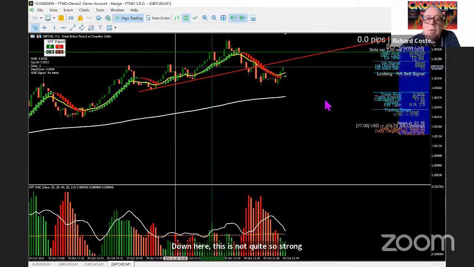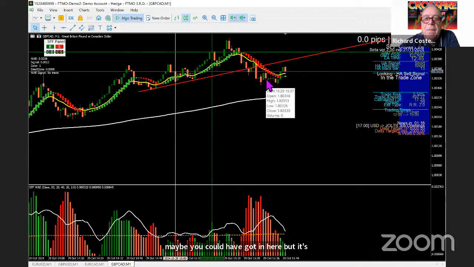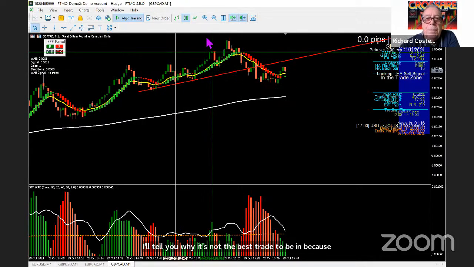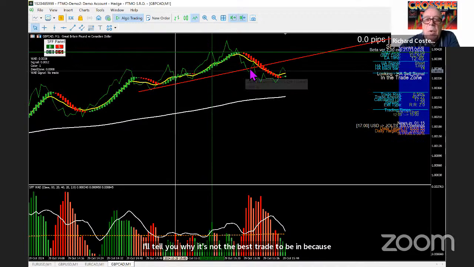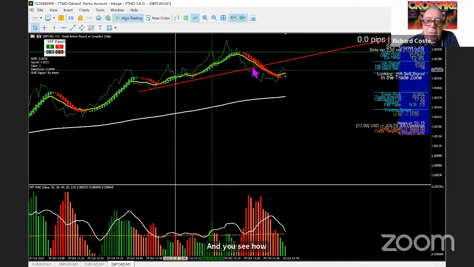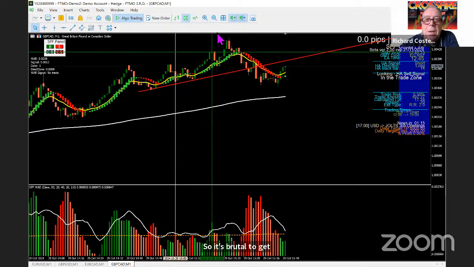Well, I'll tell you why it's not the best trade to be in, because can you see how, having broken past the green trend line, it's then faced with the 200 moving average. So it struggled to get past it, struggled to get past the red trend line.